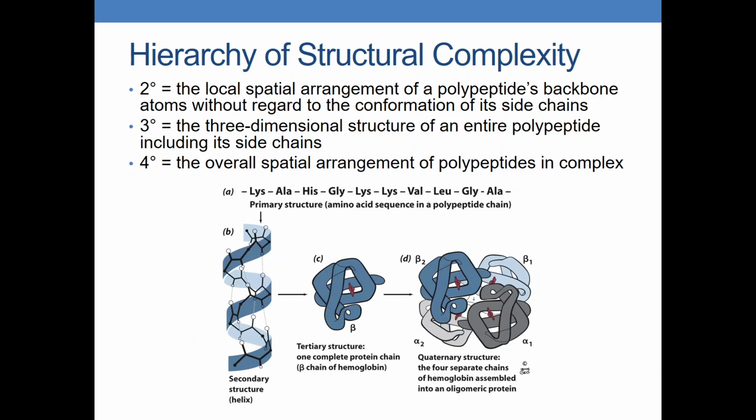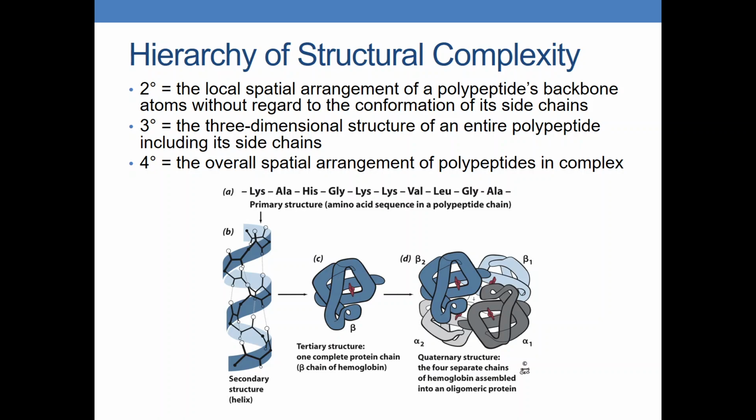Okay, so the next layer of structure occurs when you start seeing non-covalent interactions between amino acids that are close in primary sequence. That leads to the formation of what we refer to as secondary structure. Here, you're seeing one type of secondary structure. This is the helix, and we will talk about the alpha helix later in this chapter.